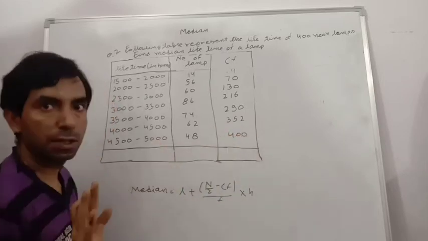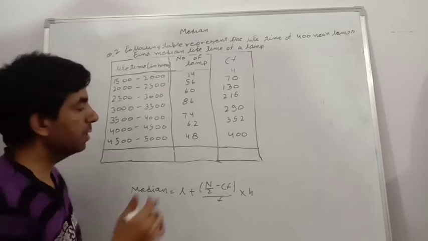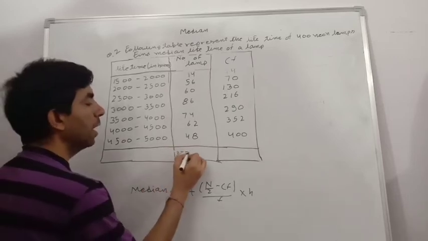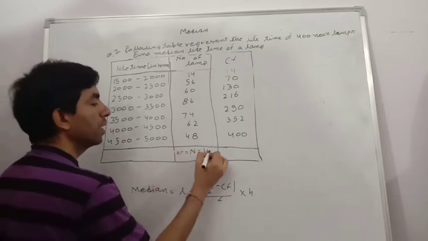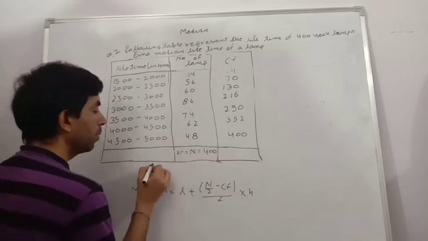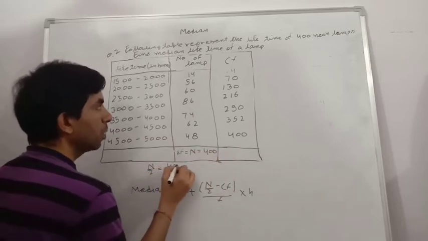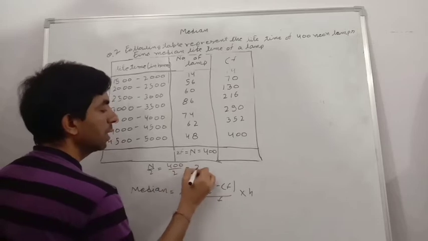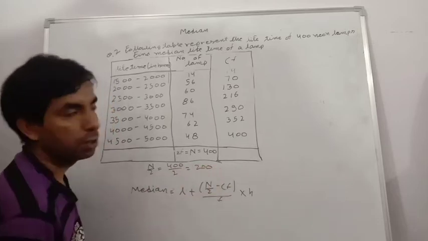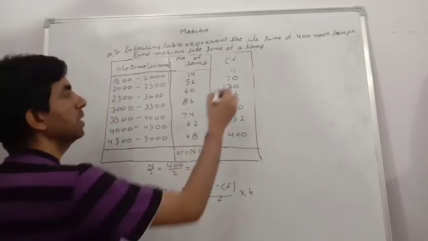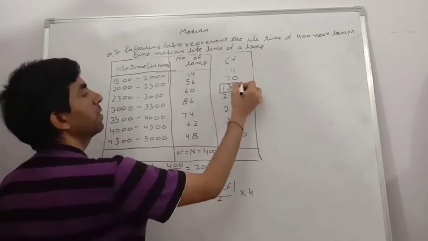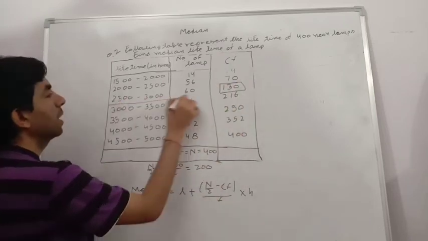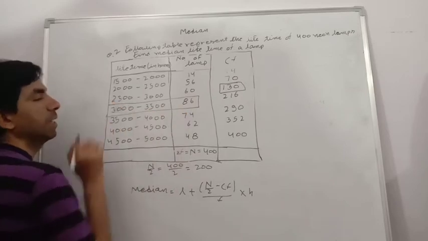So our cumulative frequency is right. So summation of f, n, equals 400. Now we find n upon 2. n upon 2 is 400 upon 2, which is 200. The CF less than 200 is this, and the median class is the next row of CF.